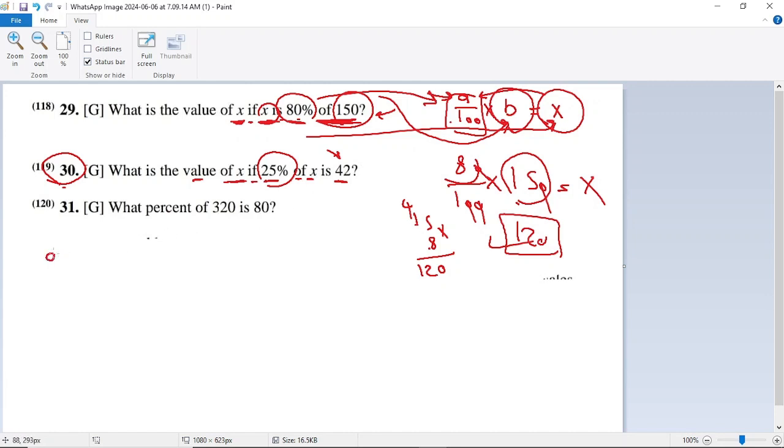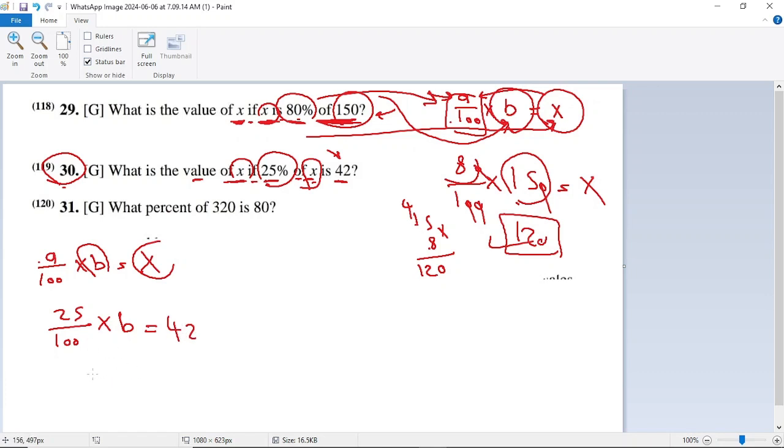I will say here A divided by 100 multiplied by B will equal X. Okay, A is 25%, so 25 over 100 multiplied by B. Here it is saying what is the value of x if 25% of x, here it will be the whole number. So B will be the whole number, okay? Equal to 42, so X is 42.